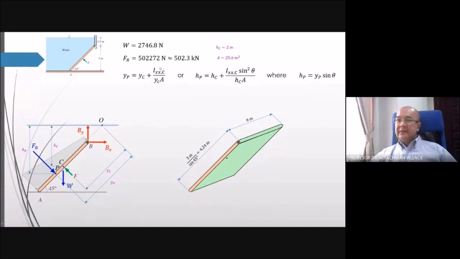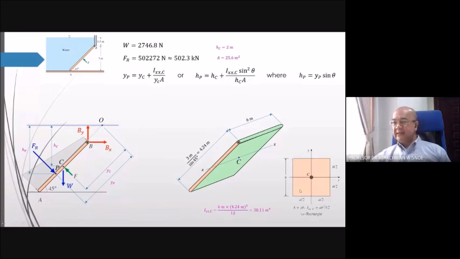Now let's see the moment of inertia here. It is written IXXC. IXX means the moment of inertia about the axis XX passing through point C. So according to our lecture, for this case, IXX passing through C is AB cubed over 12.